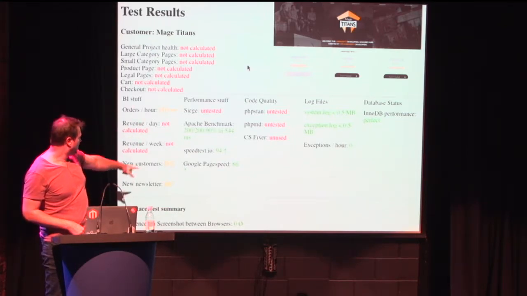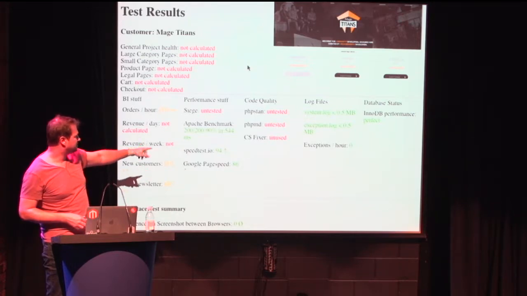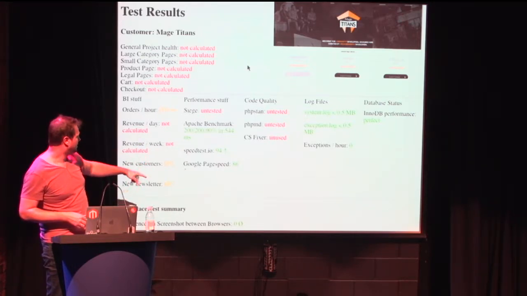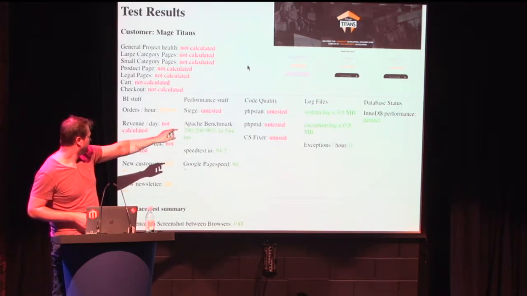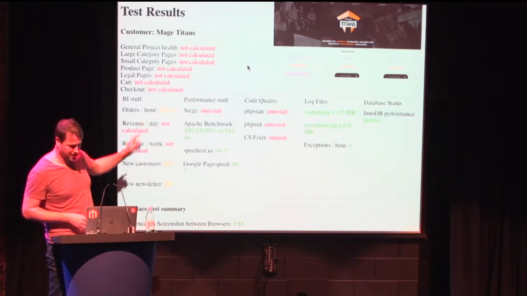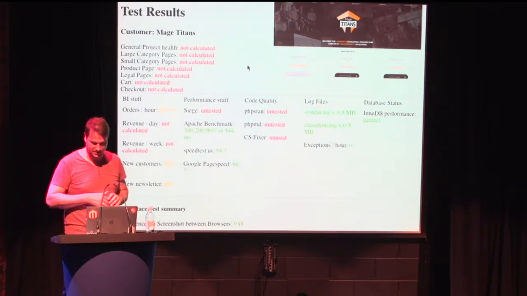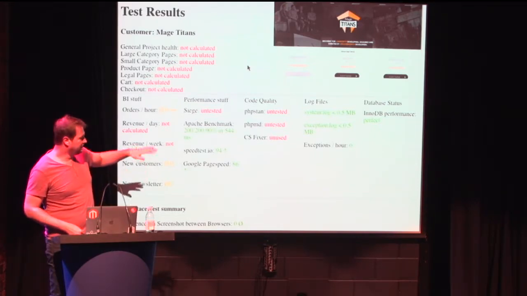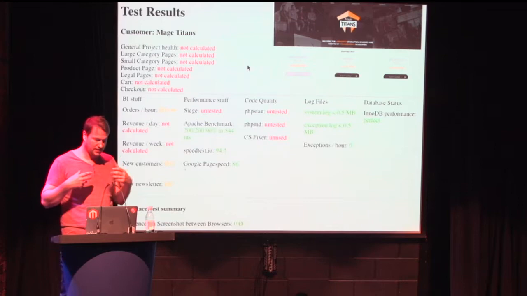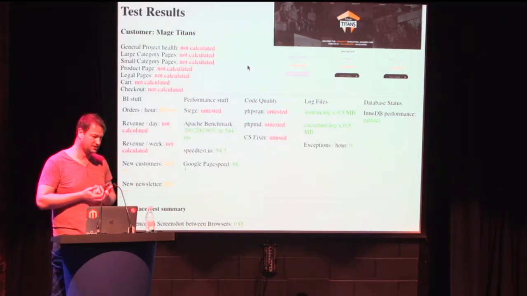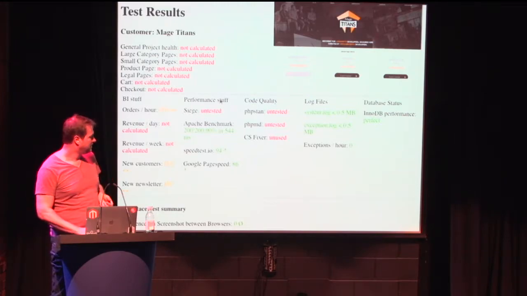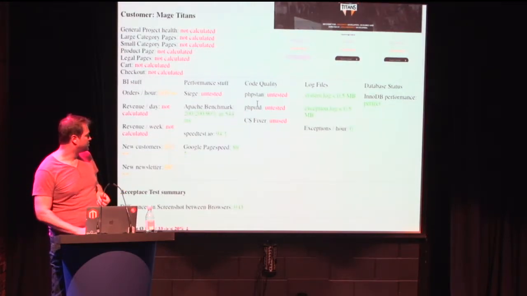All these metrics are nearly faked, besides the Google page speed, the speed test IO and the Apache benchmark that was run yesterday. This is an overview page, and in a few seconds you get a complete overview of how healthy the project is.